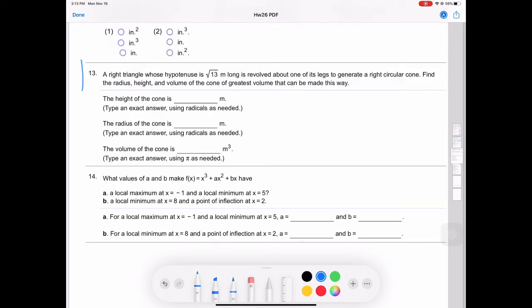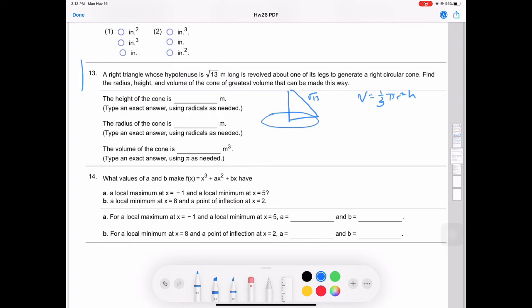A right triangle whose hypotenuse is square root of 13 meters long revolves around one leg, generating a circular cone. Here's my right triangle, so I figure it's going this way. Find the radius, height, and volume of the cone with the greatest volume that can be made. So volume equals 1/3 pi r squared h, because it's a cone.